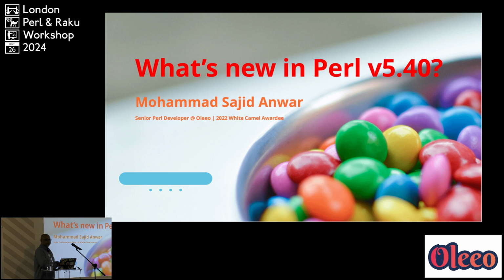Just to get a background, how many of you are still using the traditional way of creating objects in Perl, the blessed version? Not many. So I'm glad, because I remember in the early days you used bless and had an object created, generally hash-based, a hash reference. And then came Moose.